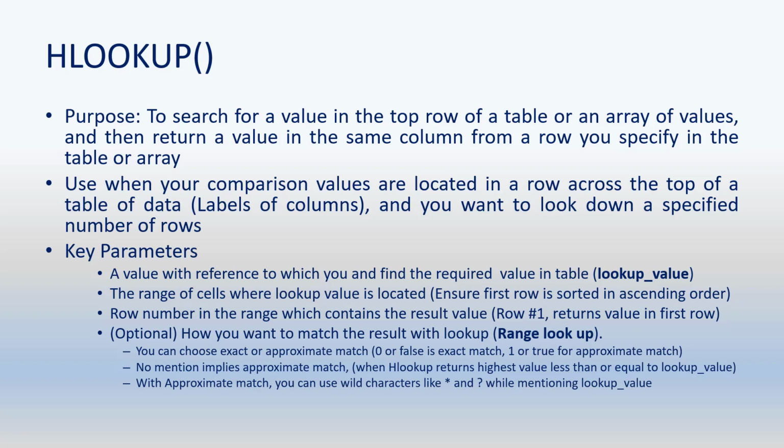If you do not mention anything, the function assumes approximate match. With approximate match, you can use wildcard characters like star, question mark, etc. When you use star, it indicates any text can exist in place of star. Question mark is for one character, where you can have any value in the lookup value.